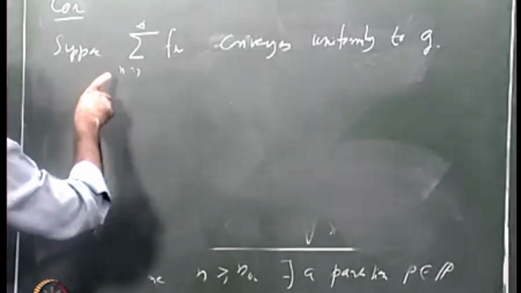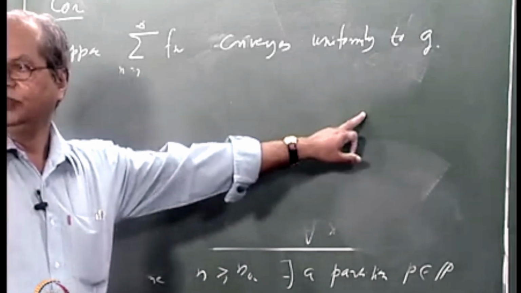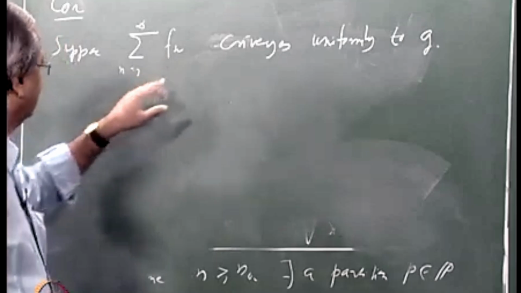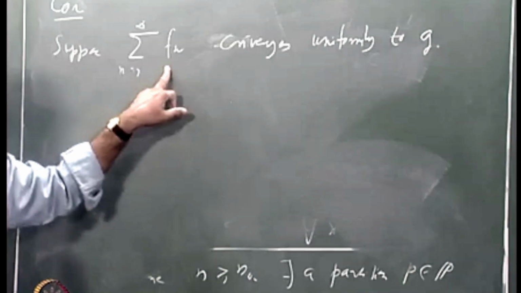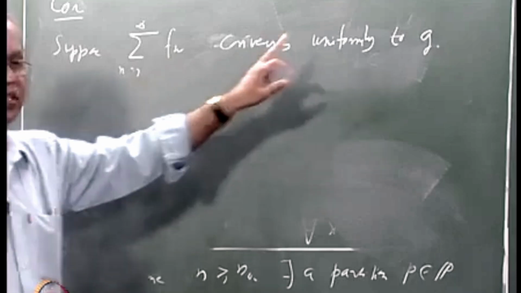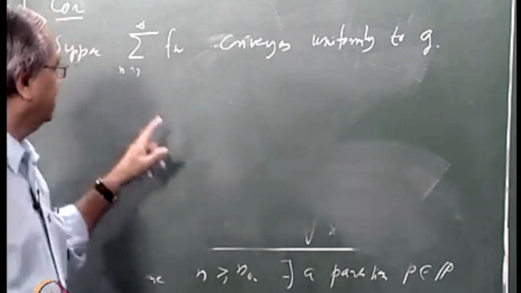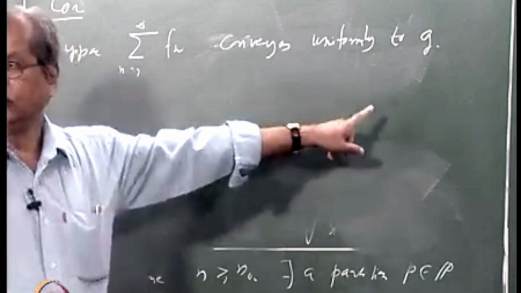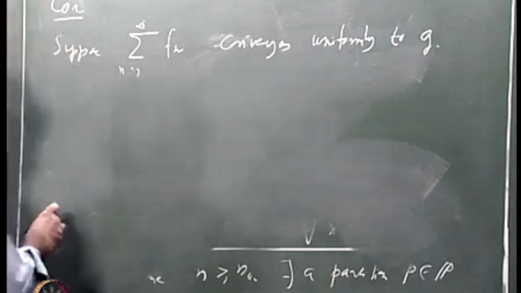Then what does this mean? That if you take the sequence of partial sums Sn, then Sn converges to g uniformly. Now let us assume the same hypothesis here, that is, suppose each fn is integrable, then it will mean that g is integrable, and then integral of Sn will converge to integral of g. But what is Sn?